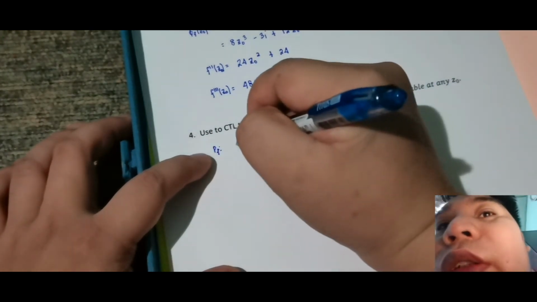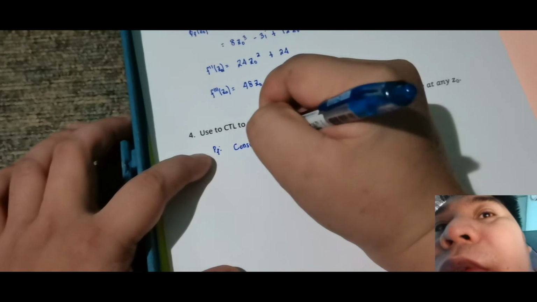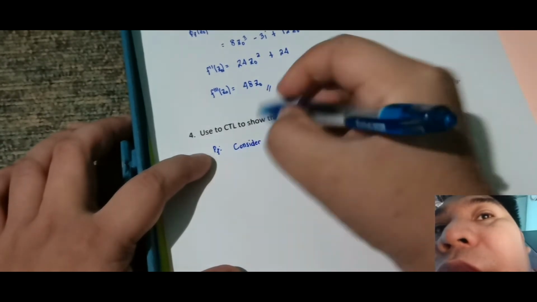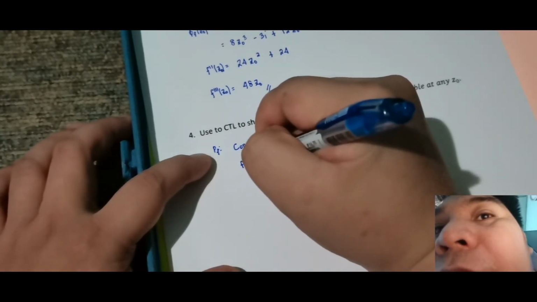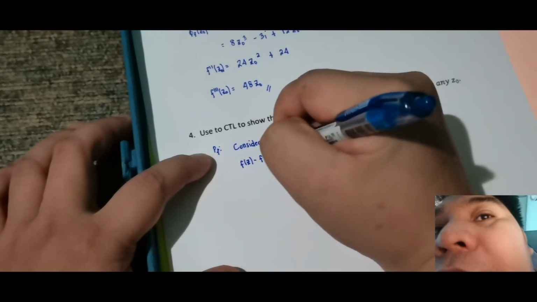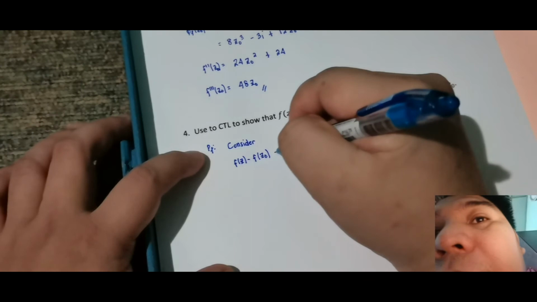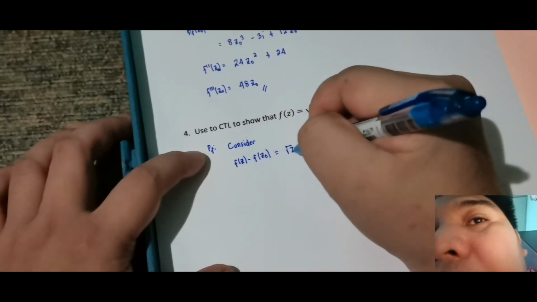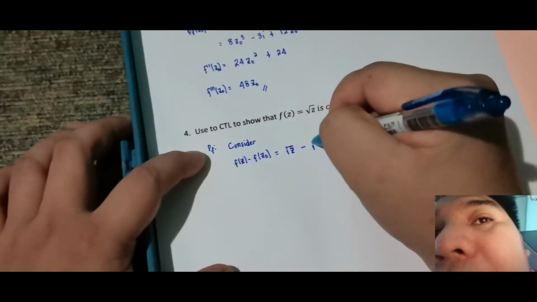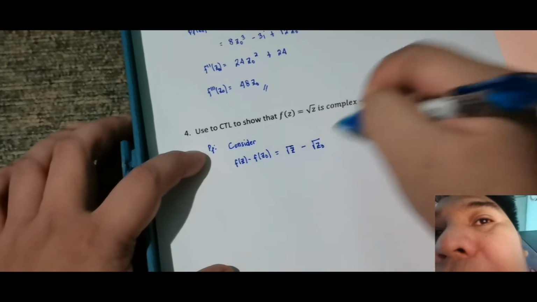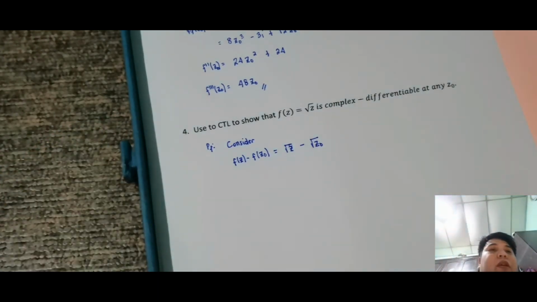Okay, so consider natin si f of z minus f of z naught. This is equivalent sa square root of z minus square root of z naught. Okay, so ito yung problema.